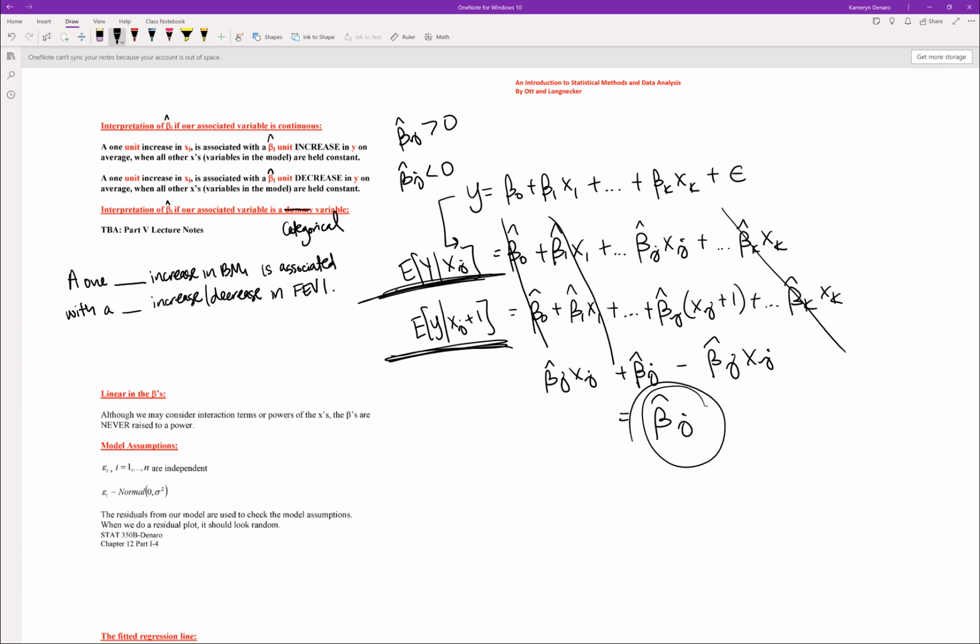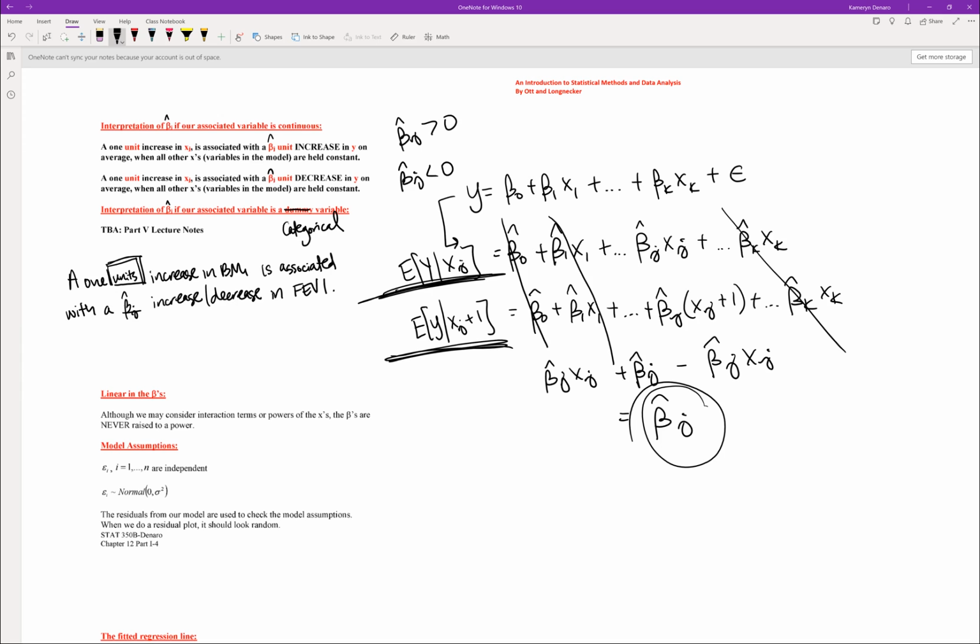So this is measuring the relationship between BMI and forced expiratory volume in 1 second. Whatever units you have, you should fill in here, and whatever your beta hat j is, you should fill in there. You have to fill in the units. This is something you would have to look up and make sure that you know the correct units for BMI.